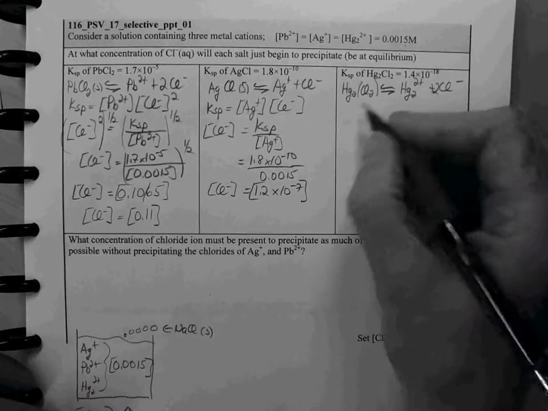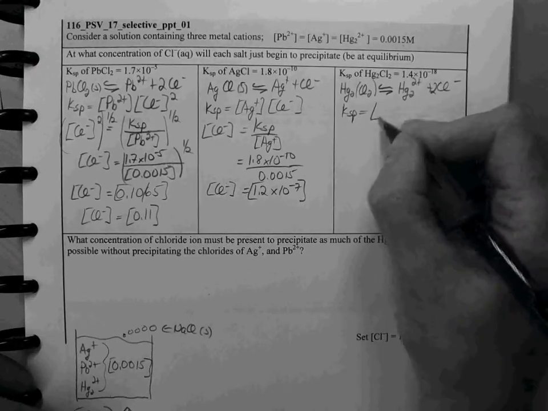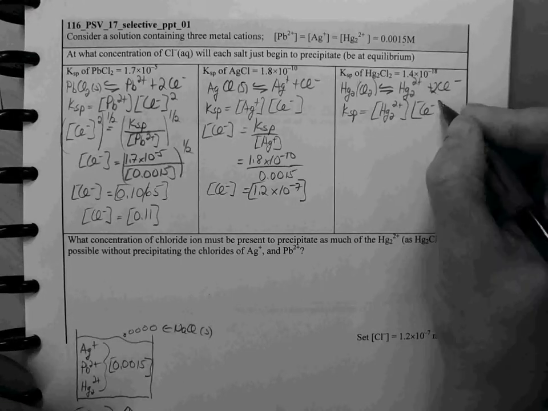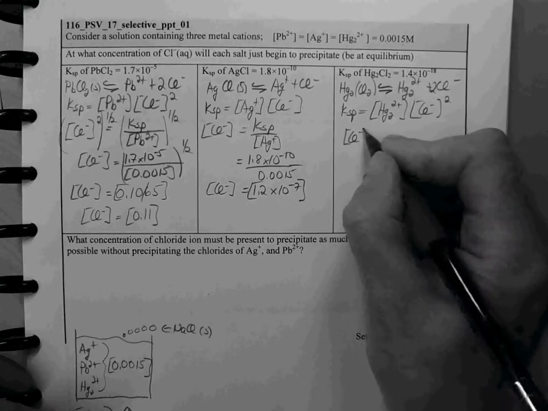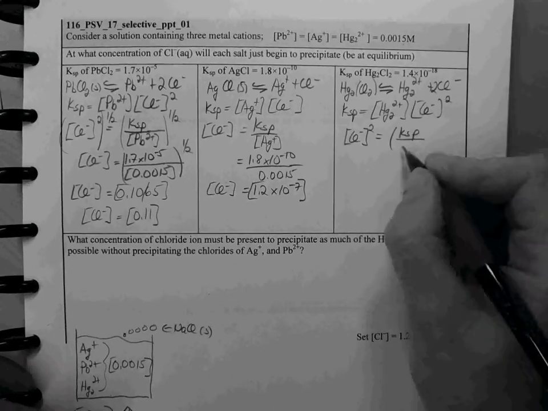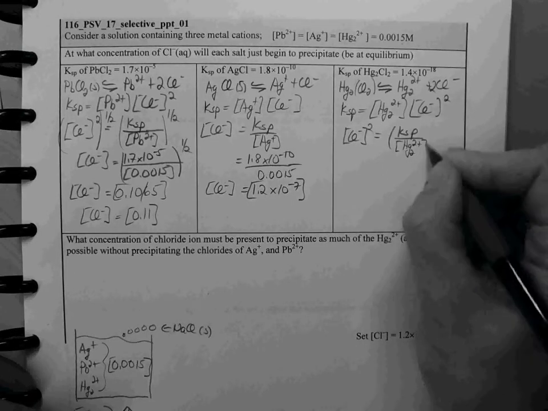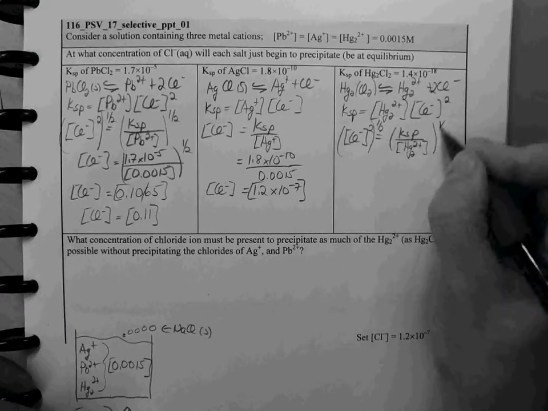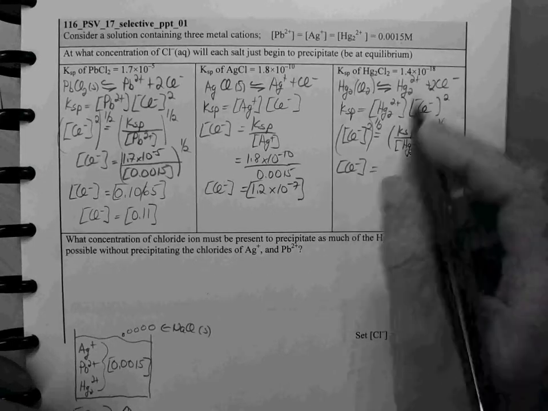Finally, for the mercury(I), again, we want the Cl- ion concentration, so we're going to take the square root. KSP here.